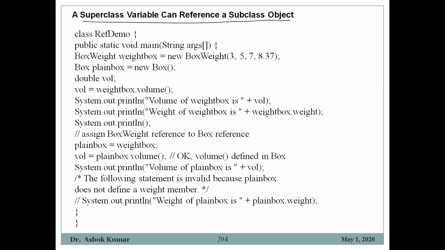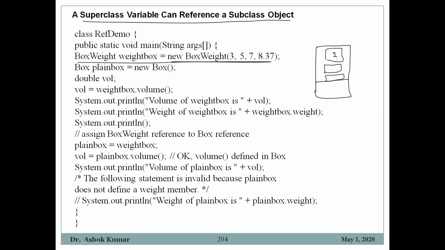So we are creating the mybox weight. This we discussed in the previous slide, and this will create the weight box class object as shown in the previous slide. For your convenience, I'm going to draw it again on this slide as well. So this is my subclass object, and this subclass object will have a base class object in it.